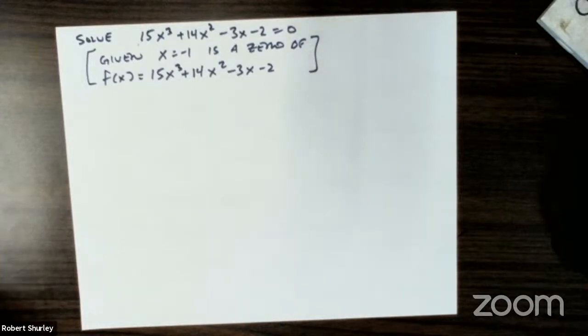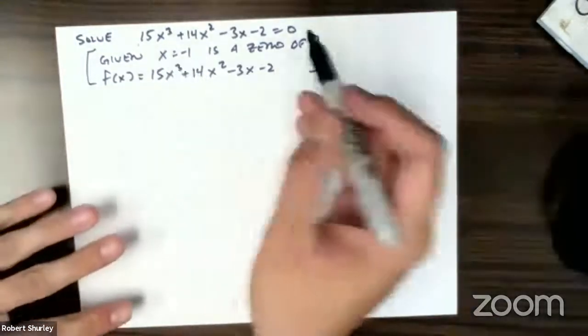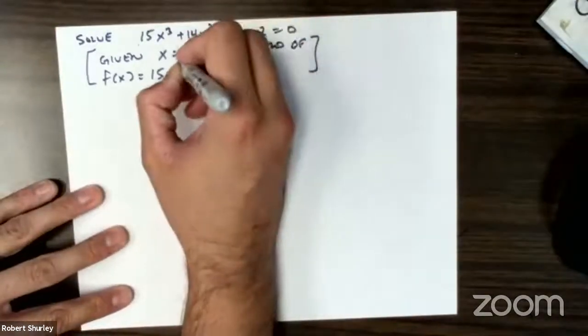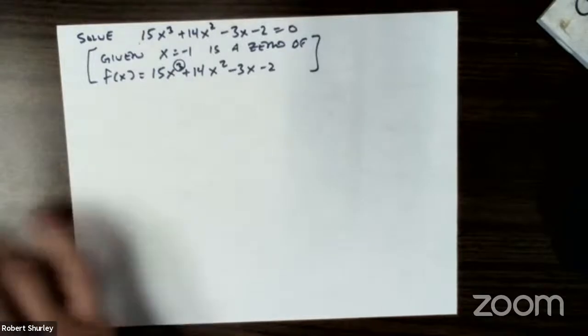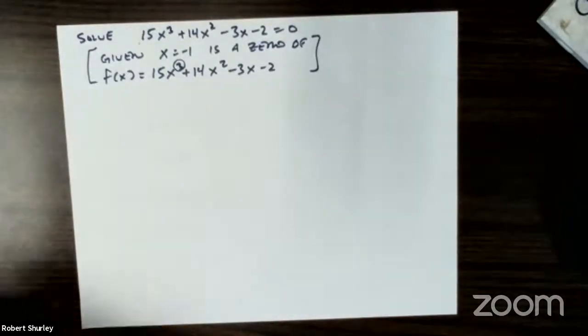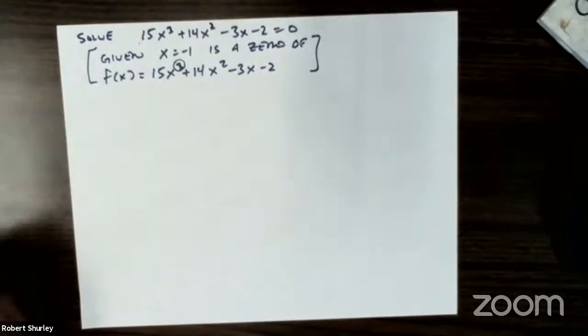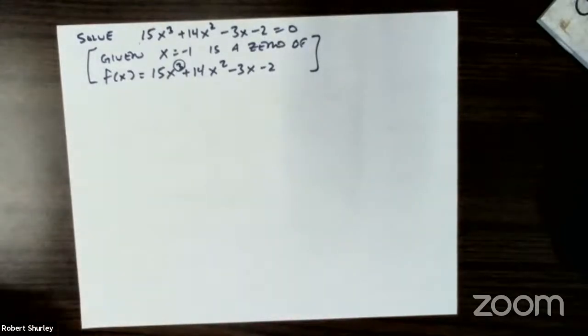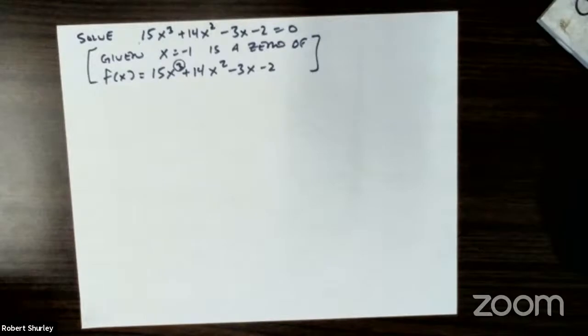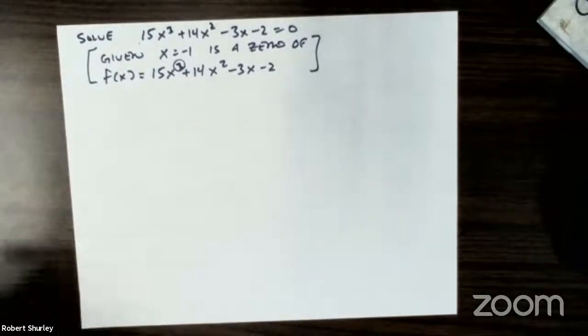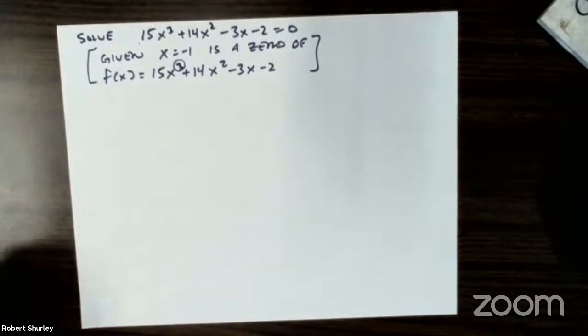But let's start with this actual function or equation. The degree is 3, so what that tells me is I have 3 solutions. I can't use the quadratic formula here. I can't just pop this in the quadratic formula, because that only gives me 2 solutions, since it comes from a quadratic with a degree of 2.